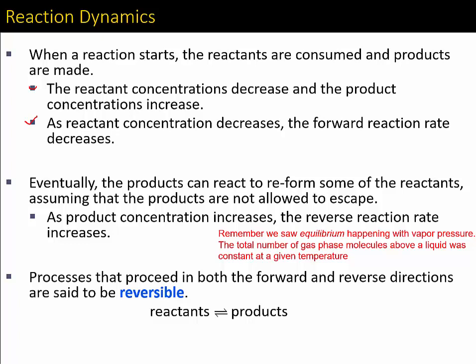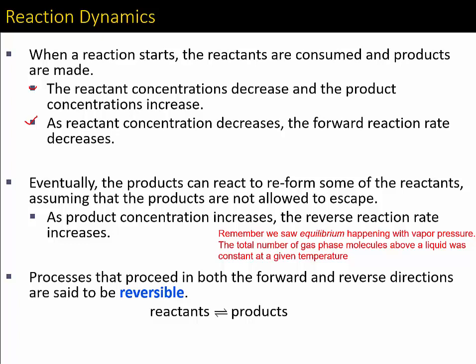And conversely, the reverse reaction rate is going to speed up because the concentration of the products has increased. Eventually, the products can react to reform some of the reactants, assuming that the products are not allowed to escape. As product concentration increases, the reverse reaction rate is going to increase.